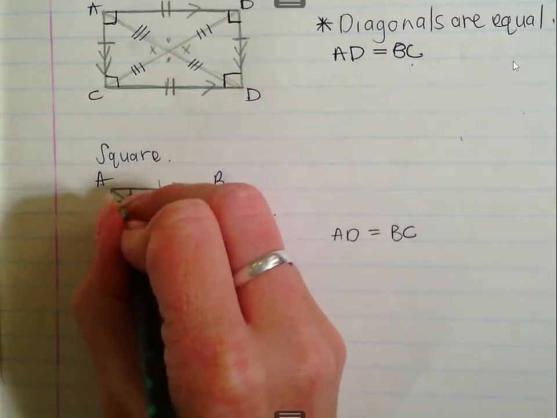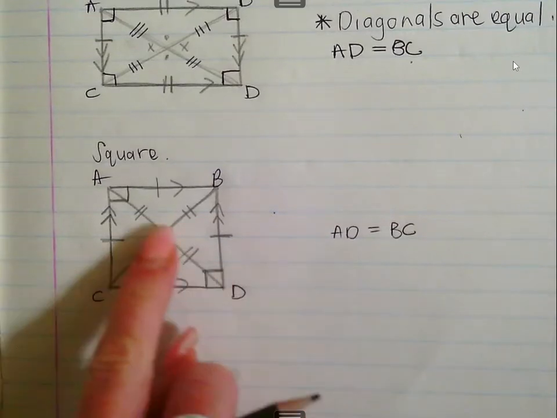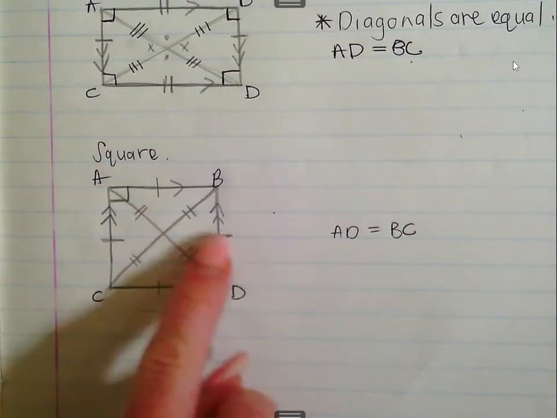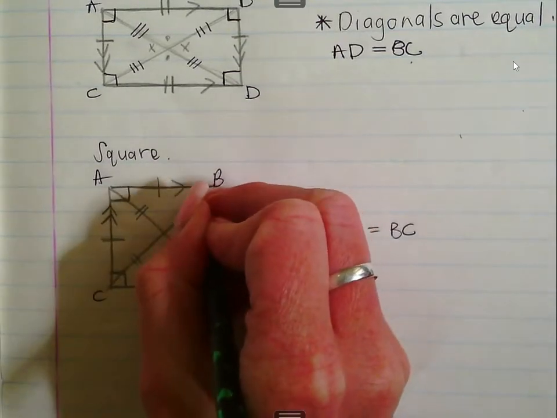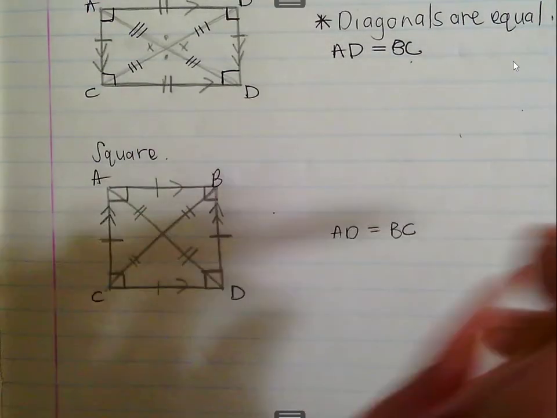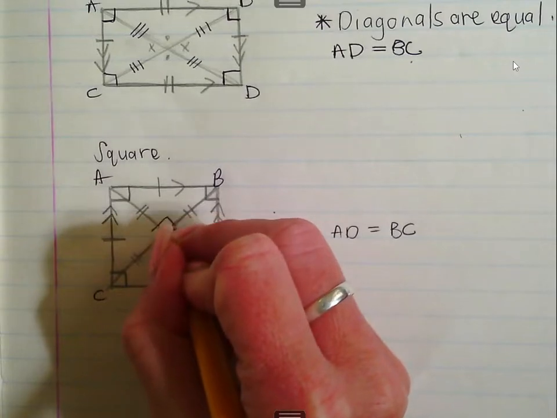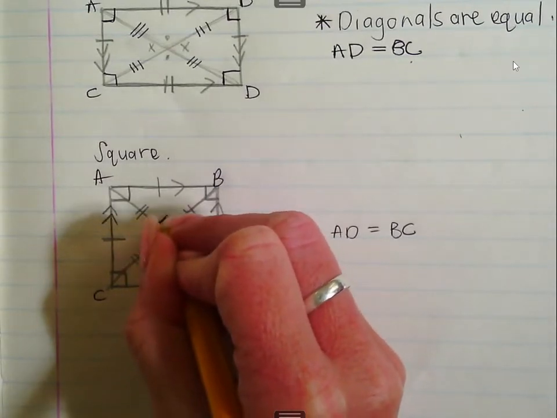And just like the rectangle and the parallelogram and the rhombus, the opposite angles are equal. But like the rectangle, the adjacent angles also, and they're all equal to 90 degrees. But that's also a familiar one. You guys know that. And then, just like the rhombus, the diagonals are perpendicular to each other.